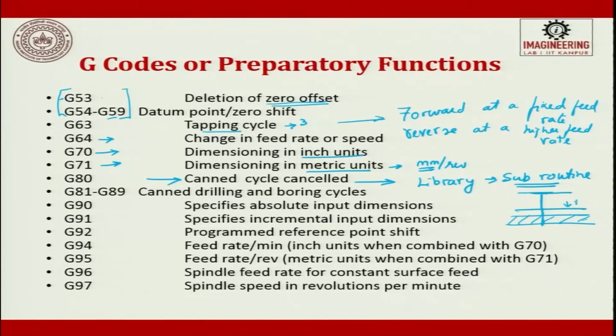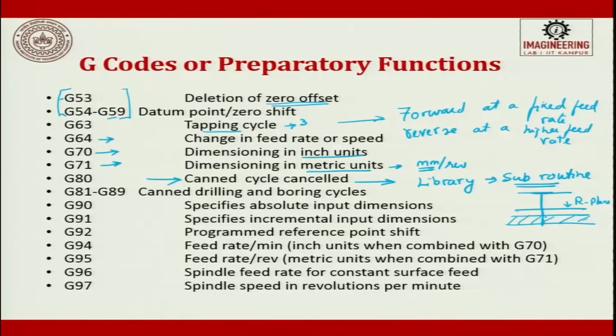This plane is called the R plane. When you move the tool from the extreme end to the R plane, it comes in at very high feed rates, and from here it gets into the feed rate you specify. Then from here it starts going inside and drilling the workpiece.